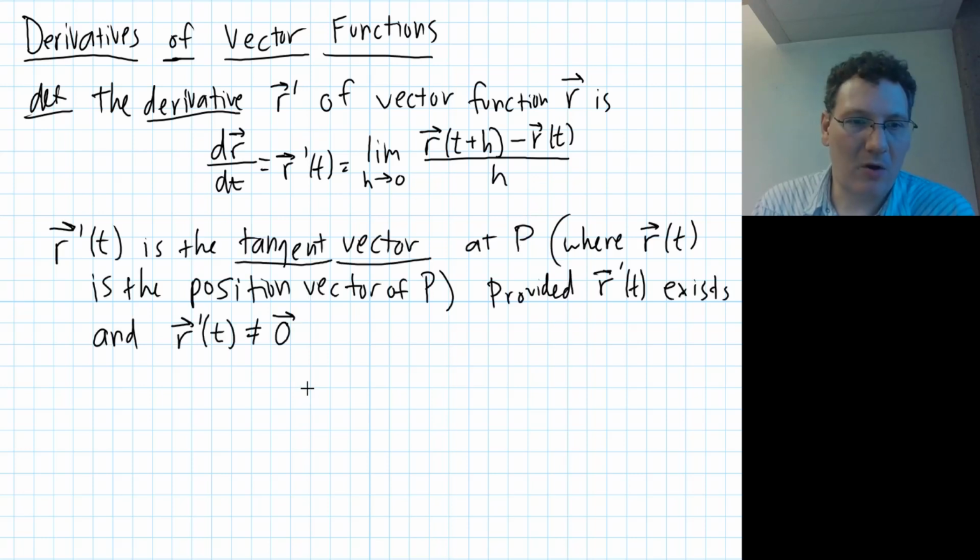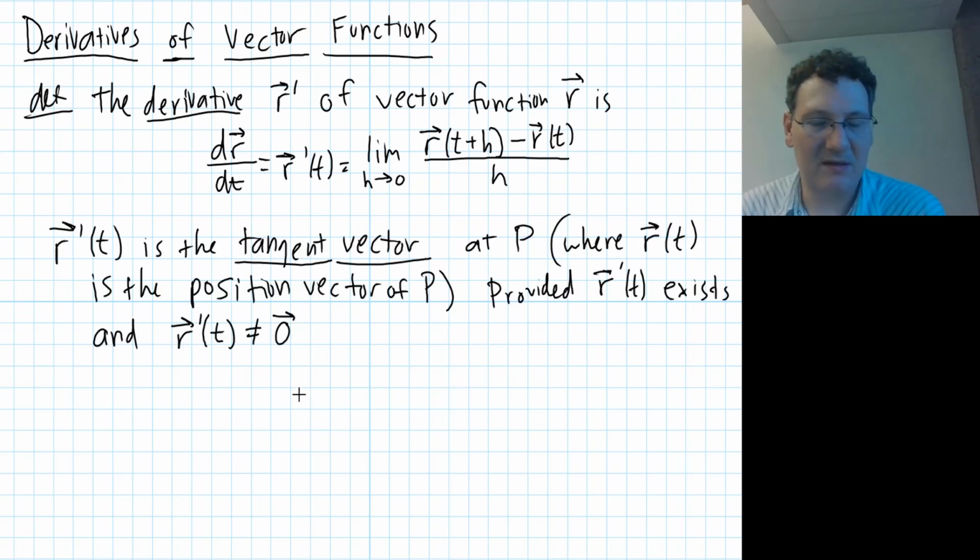Okay, so r prime is what we're going to call the tangent vector at point P, where P is the point given by position vector r of t. Right? You can convert from position vectors back to points, but that's only going to be the tangent vector as long as this derivative exists, and as long as it isn't the zero vector.